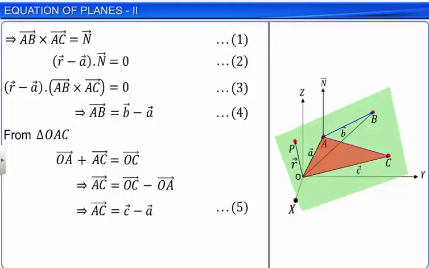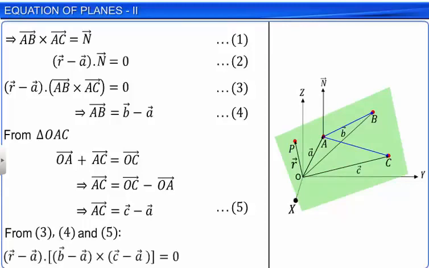Substituting the values of vectors AB and AC from equations 4 and 5 in equation 3, we get equation 6, which is the vector equation of a plane passing through 3 non-collinear points A, B and C.